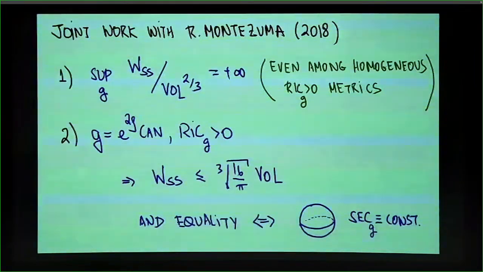The Berger spheres appear when you change the size of those circles, those orbits of this action. It's a very simple, very concrete family of metrics, and we were able to compute that this supremum is plus infinity.